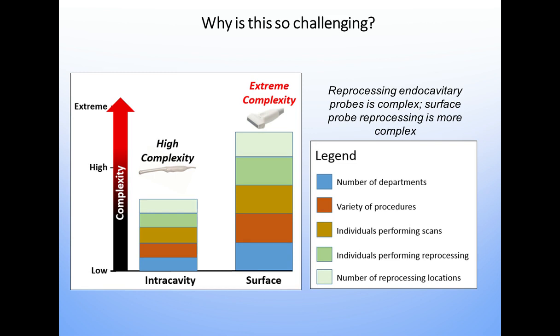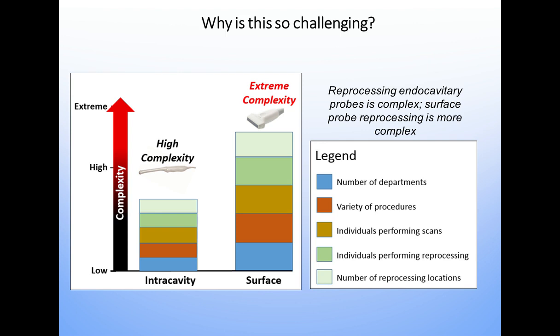So I guess we've talked a little bit about surface probe procedures such as line placements, and we've talked a little bit about endocavitary procedures. But really, there is a bit of a contrast here. For an intracavity procedure, you do have considerable complexity from an infection control standpoint. You have quite a number of departments performing these procedures in, let's say, an acute care hospital. There are quite a number of different procedures.